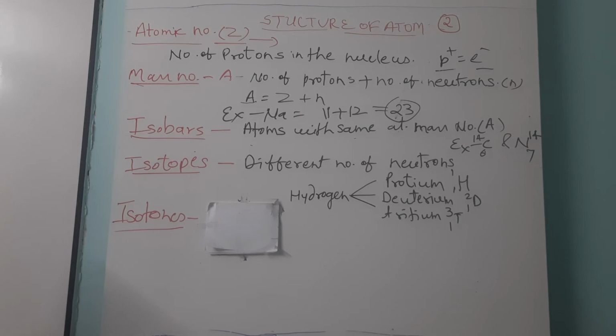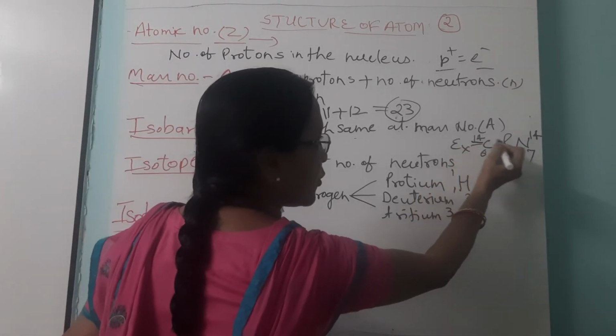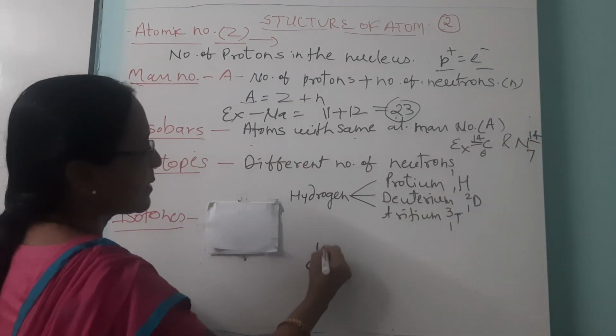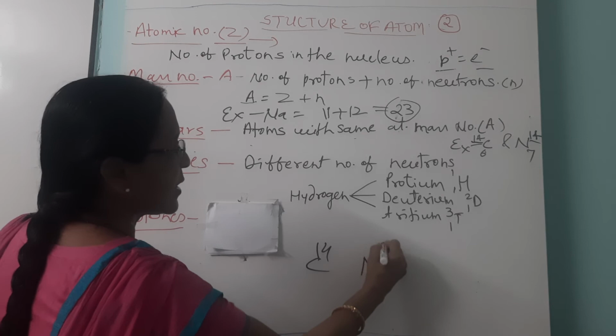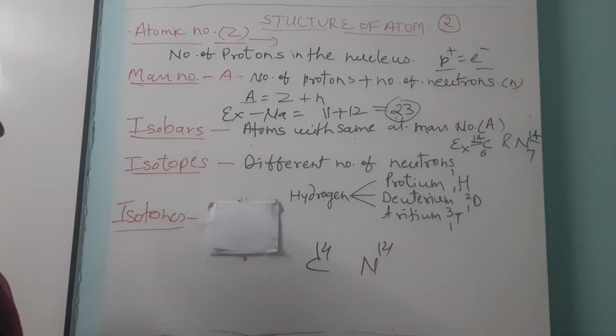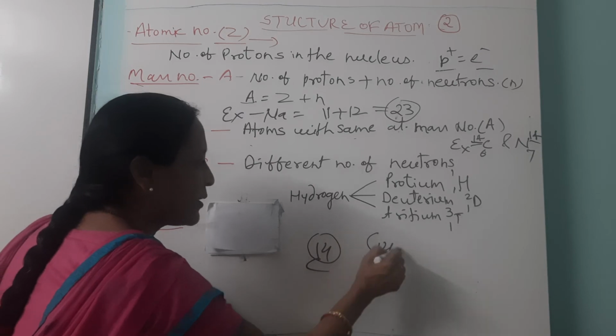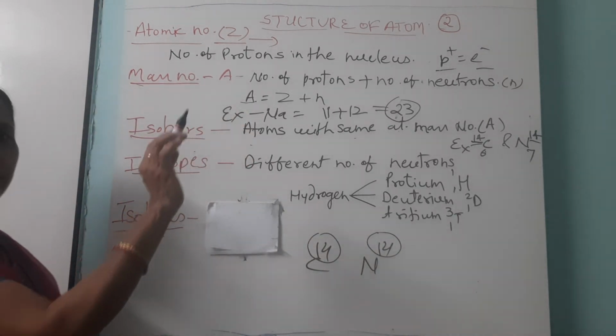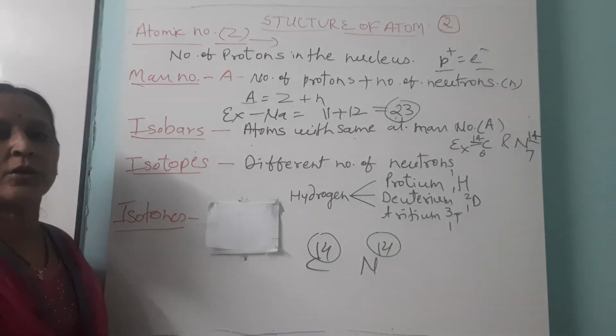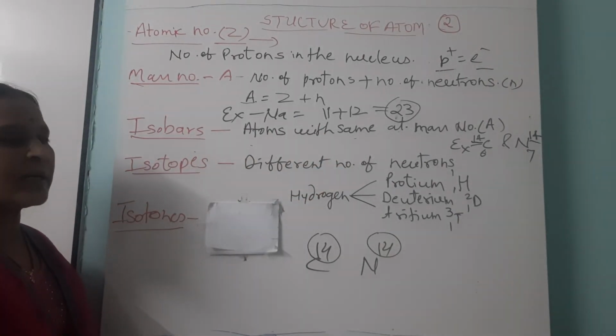In our book the example is given for carbon and nitrogen only. In case of carbon, the mass number is 14, and in case of nitrogen, the mass number is 14. So their atomic weight is the same. Any two or more elements having the same mass number are known as isobars of each other.